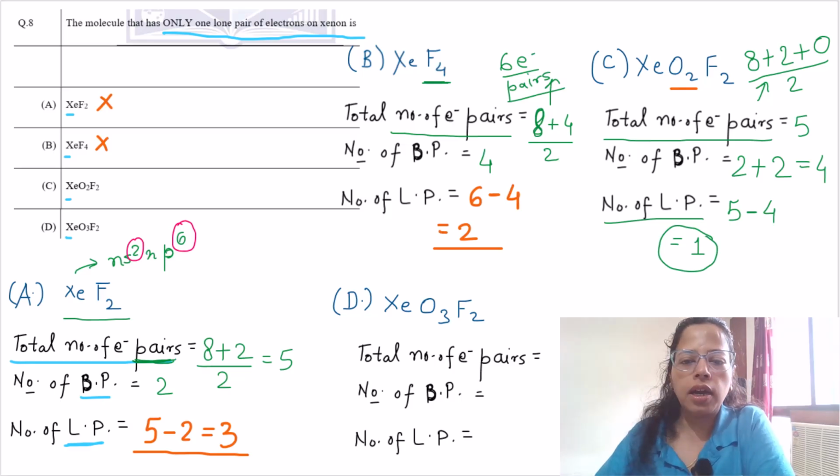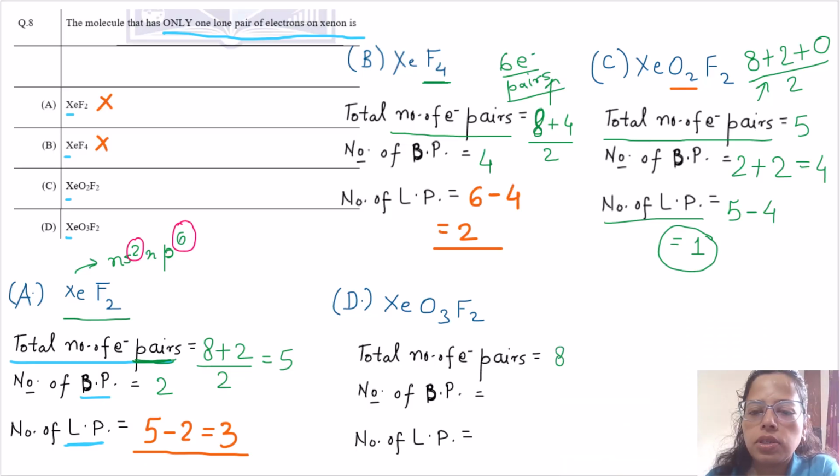Now let's check option D as well. For option D we follow the same process. Valence electrons on xenon is 8. We do not consider the contribution from the 3 oxygen atoms because of the possibility of a double bond. Then 2 electrons from the 2 fluorine atoms, then divide by 2, so 5 electron pairs.